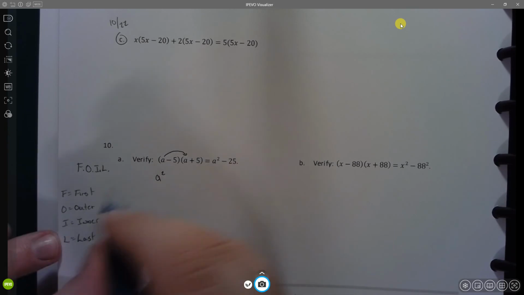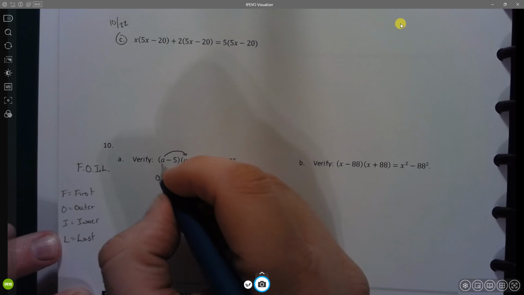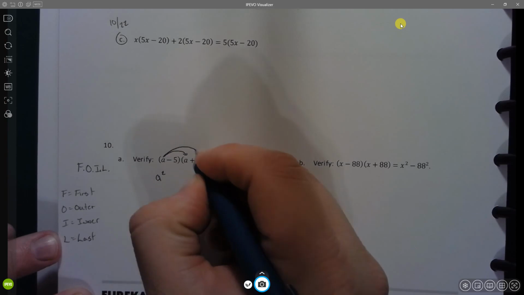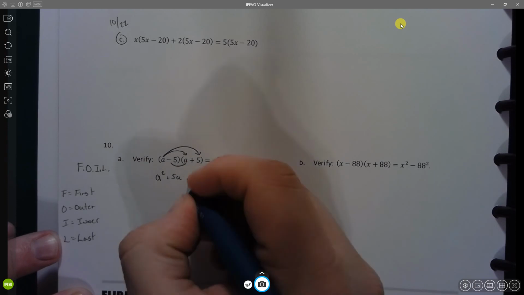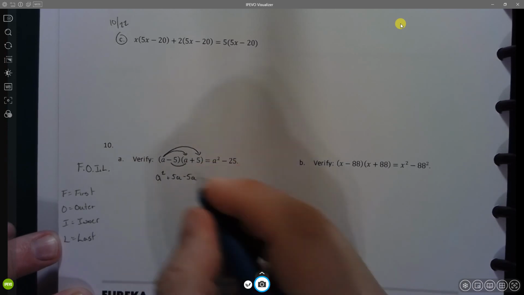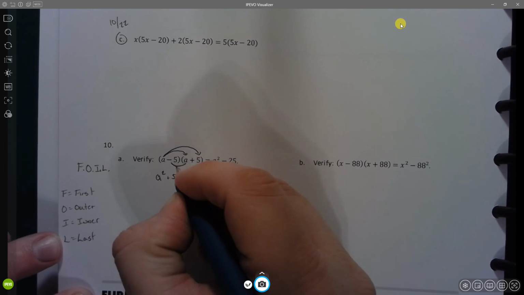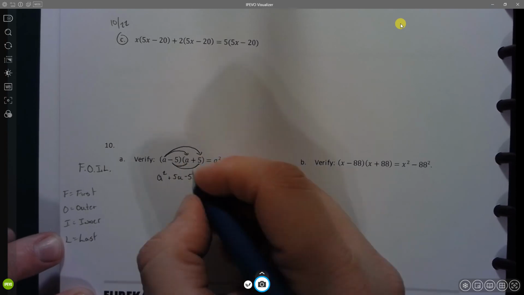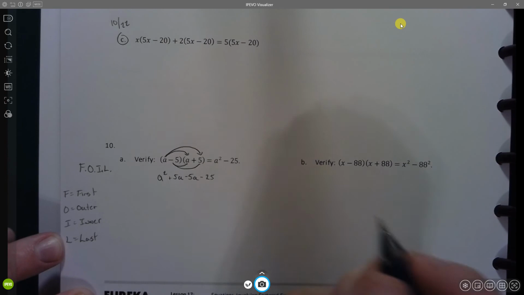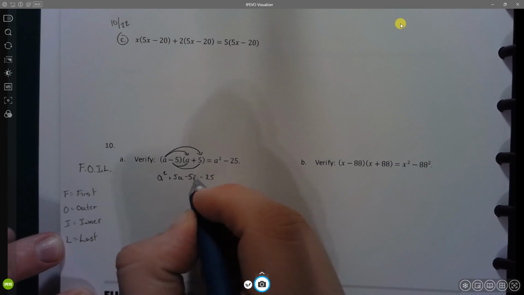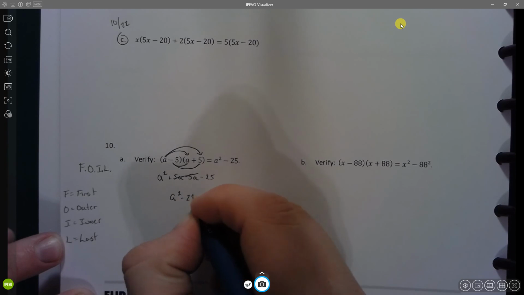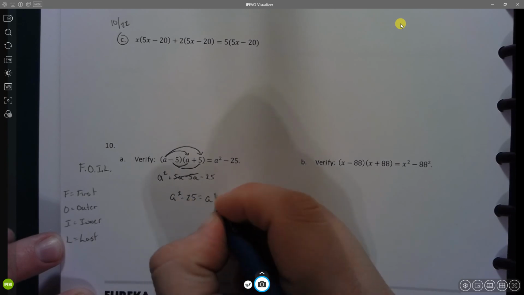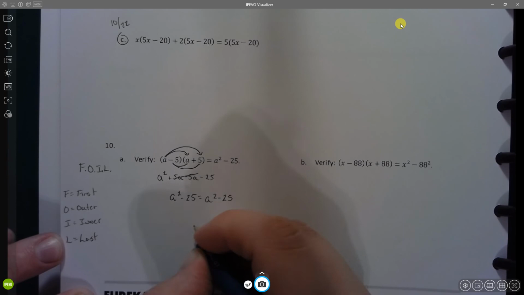The outer terms, A times a positive 5, gives me 5A. The inner terms, a negative 5 times A, gives me a negative 5A. And then the last terms, negative 5 times a positive 5, gives me a negative 25. Well, 5A minus 5A reduces to 0, leaving me A squared minus 25 equals A squared minus 25. This checks. It's correct.